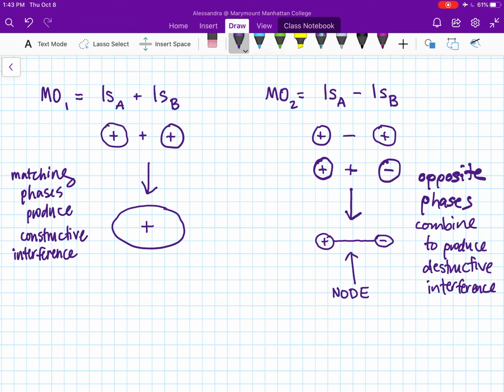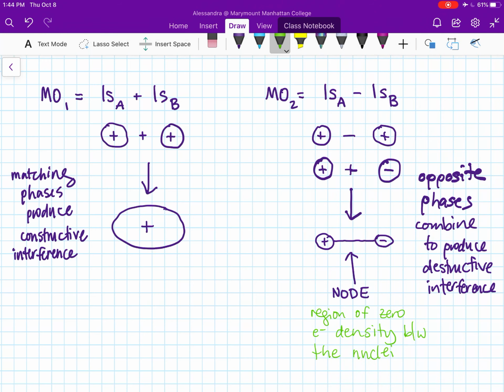Okay, so again, what I'm talking about here is that we have this guy being added to this guy, and when they approach each other, they're going to partially cancel each other out, and they're going to produce this node in between them. A node is a region of 0 electron density that is going to be between the two nuclei, the hydrogen nuclei in this case.